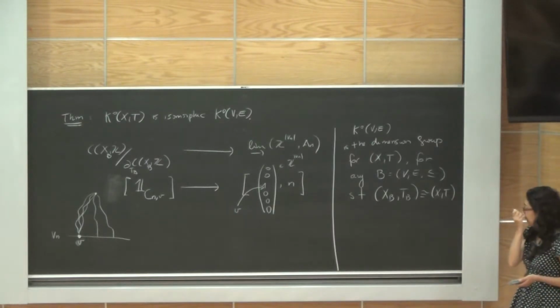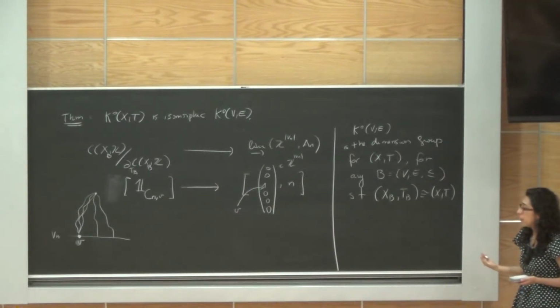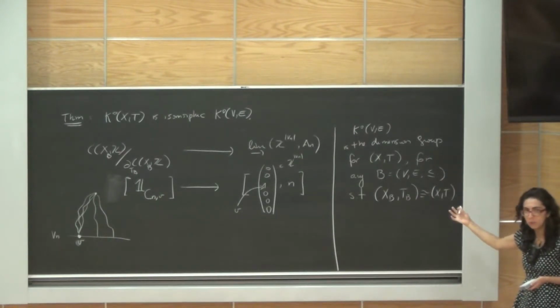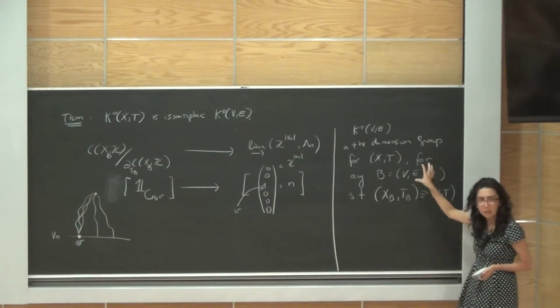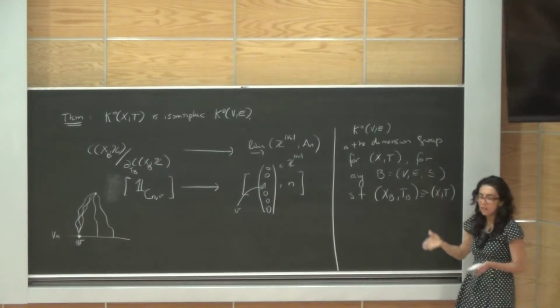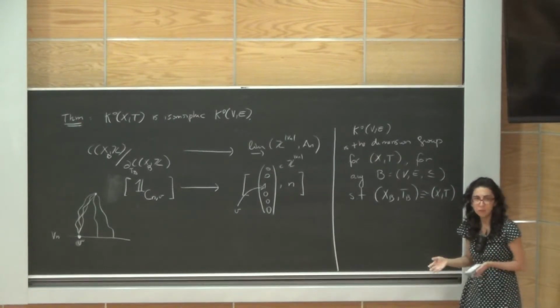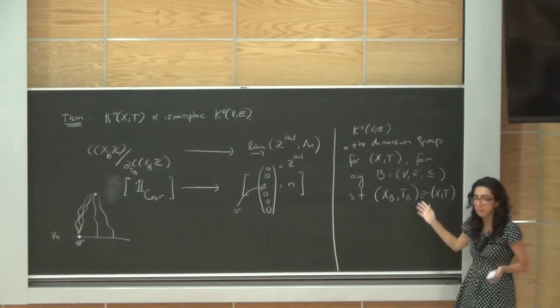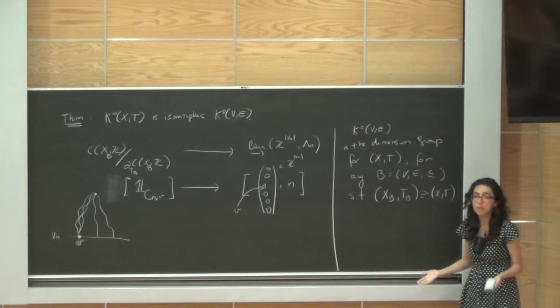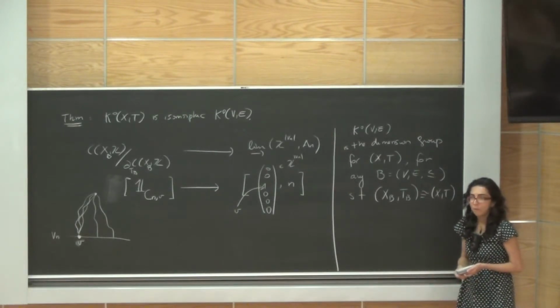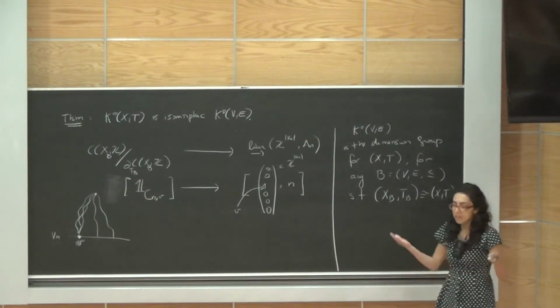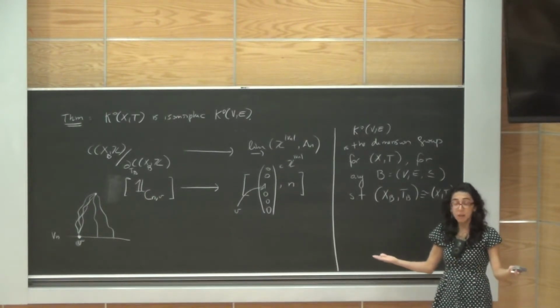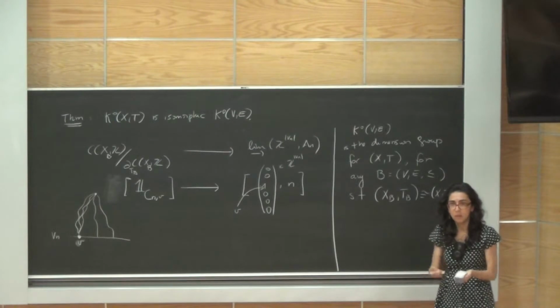And now there is something that I didn't tell you. When we define the dimension group from the Bratteli diagram, we are not using the dynamics. The dynamics is given by the order. When we define the dimension group, we're just using the picture. So one question is: what happens if I take two minimal Cantor systems having the same dimension group?